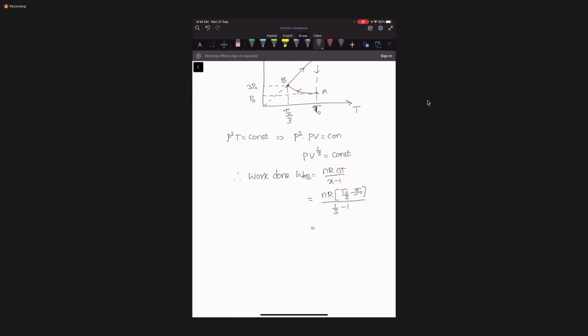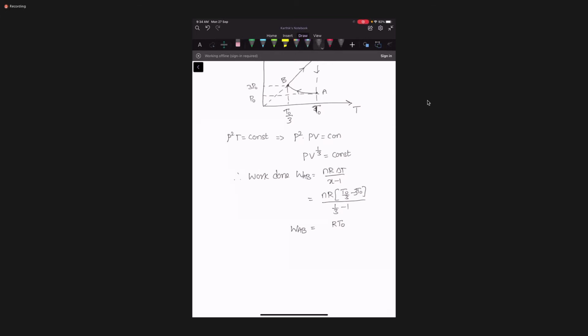Then 3 T naught, 9, 8. So work done in AB is minus 8 R T naught by 2. Everything gets cancelled. 3 is 9, T naught minus 9 is minus 8, 3 gets 4 R T naught.